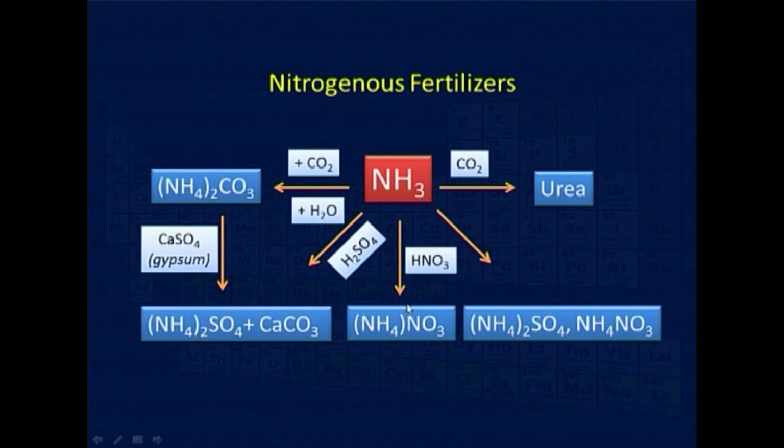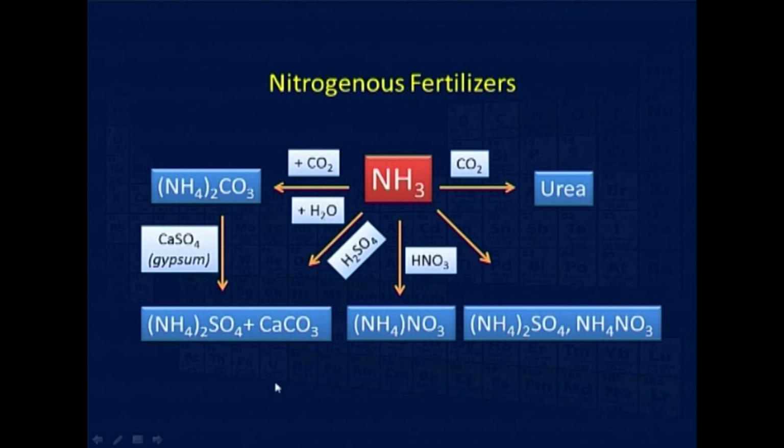You react with HNO3, you get ammonium nitrate. You insert CO2, you get urea. You insert CO2 along with water, you get ammonium carbonate. Ammonium carbonate, you do a double decomposition to get ammonium sulphate and calcium carbonate. I guess this chart gives you a summary of most of the nitrogen fertilizers.